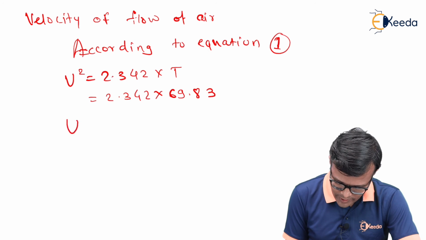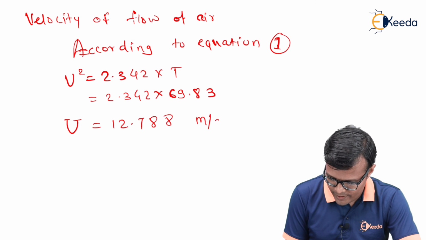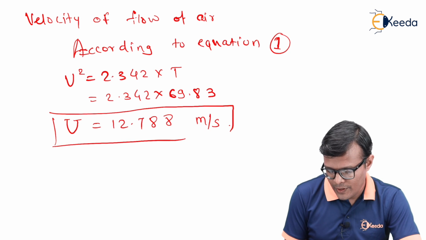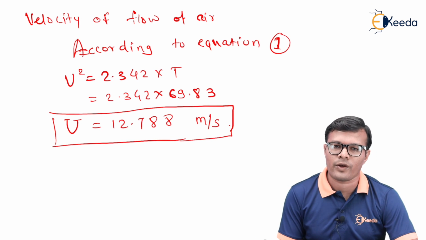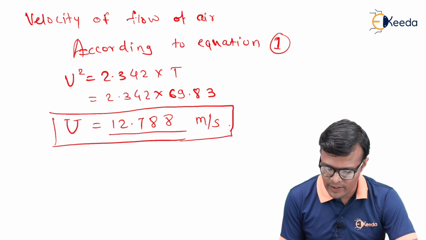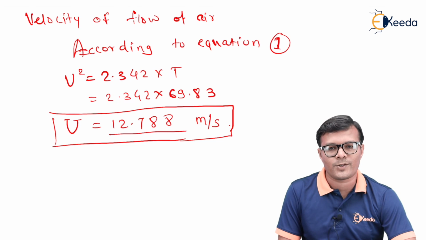Taking square root of the answer, we have value of u as 12.788 meter per second. So these are the two values that we wanted to calculate. So velocity of air will be 12.788 meter per second. That's all. Thank you.